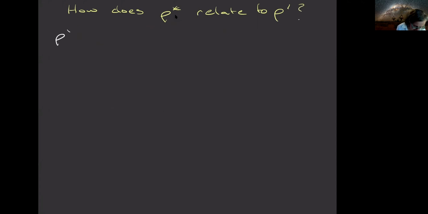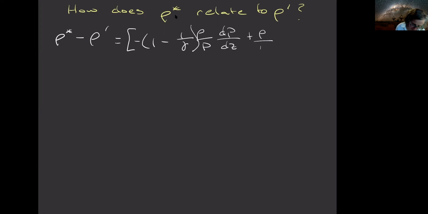Well, we can take the equations that we've already derived for those two terms, rho star and rho prime, which I've just derived in the previous slide, and take the difference of those two, and we have 1 minus 1 over gamma rho over p dp dz plus rho over T dT dz times the disturbance distance, so the displacement distance.